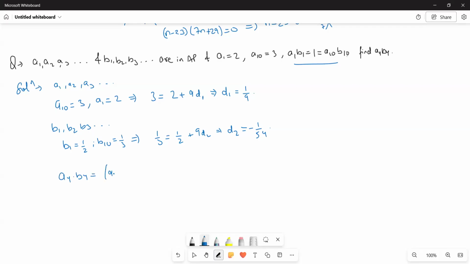So A4 would be like A1 plus 3D1 and B4 would be like B1 plus 3D2. खाली वैल्यू प्लग इन करना है, आंसर आ जाएगा. So A1 कितना था? A1 is 2 plus 3 into 1 by 9 and B1 is half plus 3 into minus 1 by 54. सिंप्लीफाई कर लो.